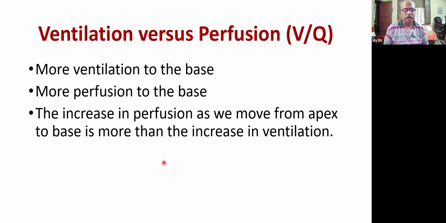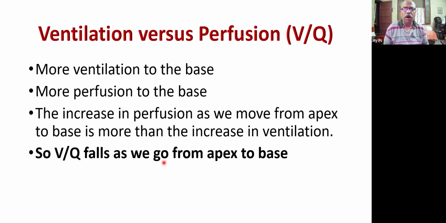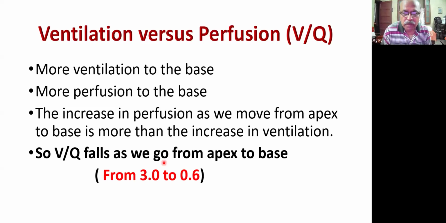That is the thing to be understood. So the VQ ratio falls as we go from the apex towards the base, and that magnitude is from about 3 to 0.6. So the VQ ratio is around 3 at the apical region of the lungs, while it is about 0.6 at the base of the lungs.